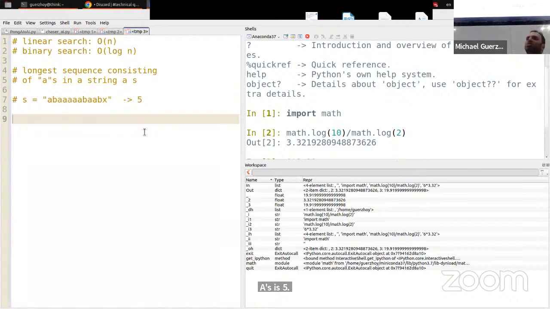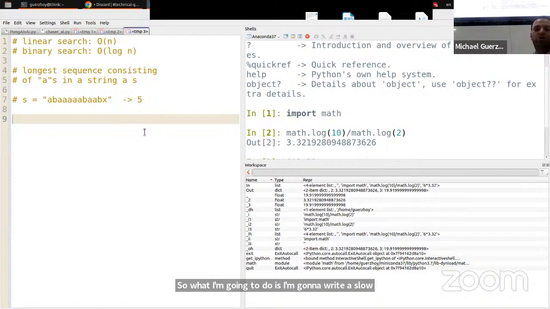So what I'm going to do is write a slow algorithm first, and then I'm going to try to write a faster one.